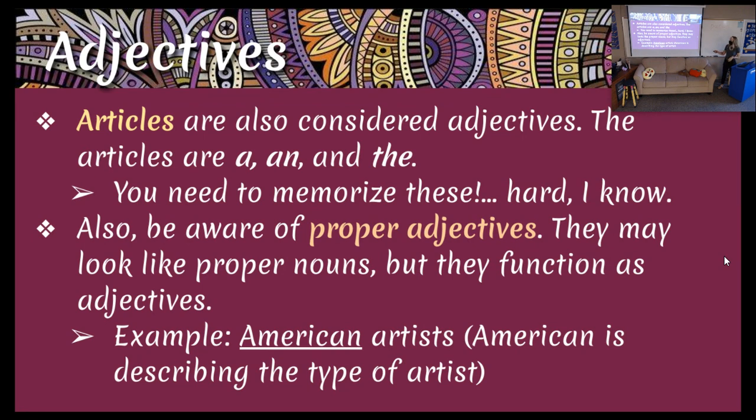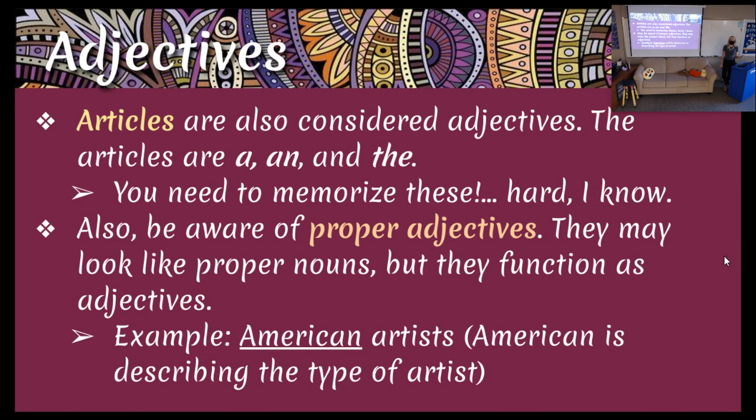Also, you need to be aware of proper adjectives. So proper adjectives are going to look like proper nouns, which means they're going to be capitalized and they're going to look like they might be a noun, but they actually function as an adjective. An example of that would be American artist. American is a proper adjective. It's capitalized.